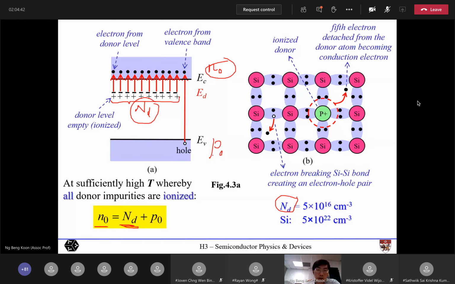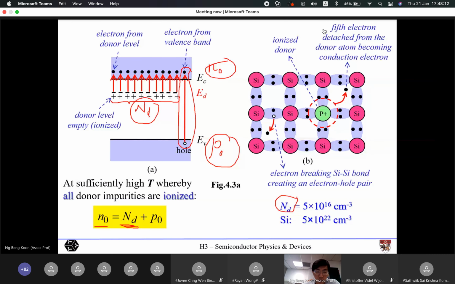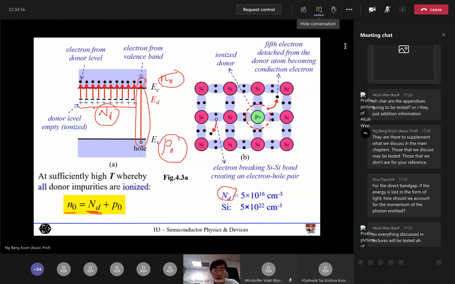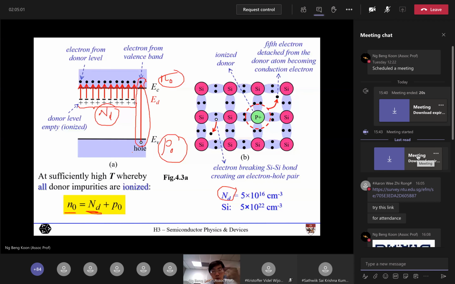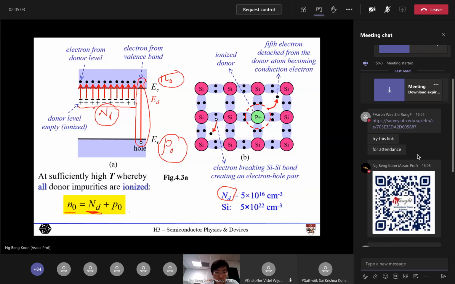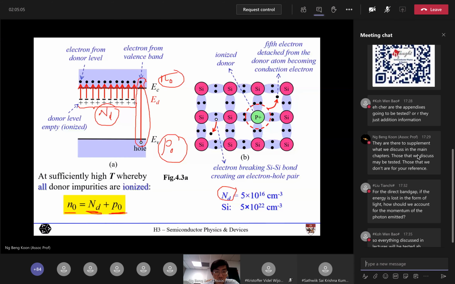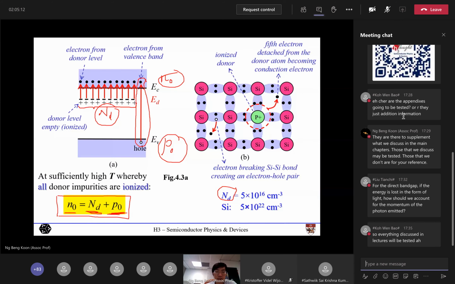The other source is the band-to-band transition, which is this group here, and we can tell the number from the number of holes present, which in this case is purely due to band-to-band, P naught. If you have P naught holes, you expect P naught electrons also contributed to the conduction band by this band-to-band transition. So we add the P naught there. We have N naught equals ND plus P naught.